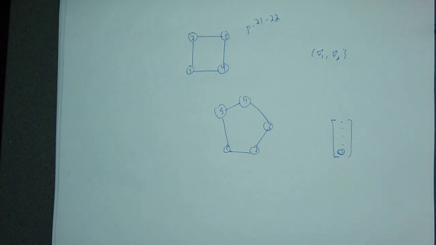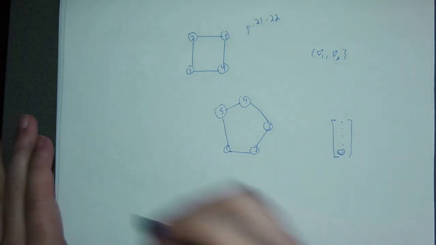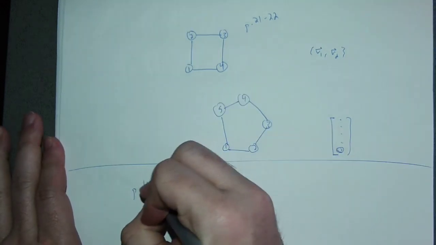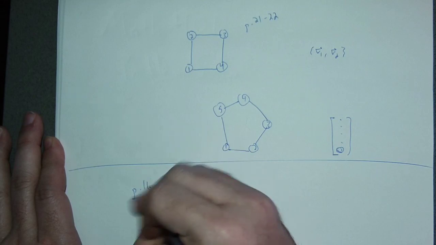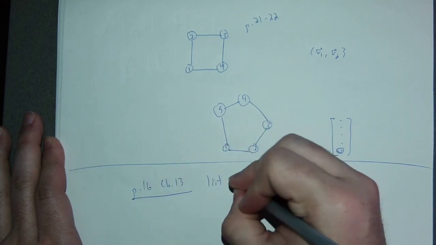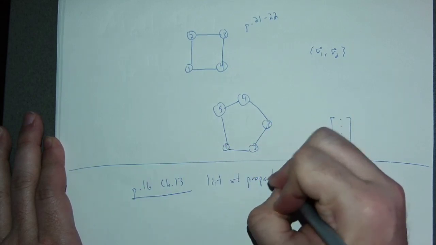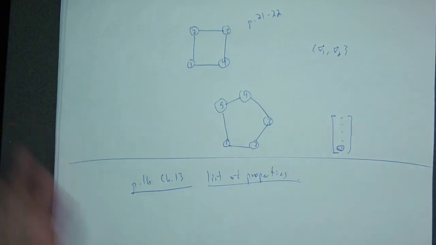Let me go back for a second. The list I'm talking about is on page 16, in chapter 13. It is a list of properties that the following examples have. The first one, the bow tie example, has a 0 in the Fiedler vector.